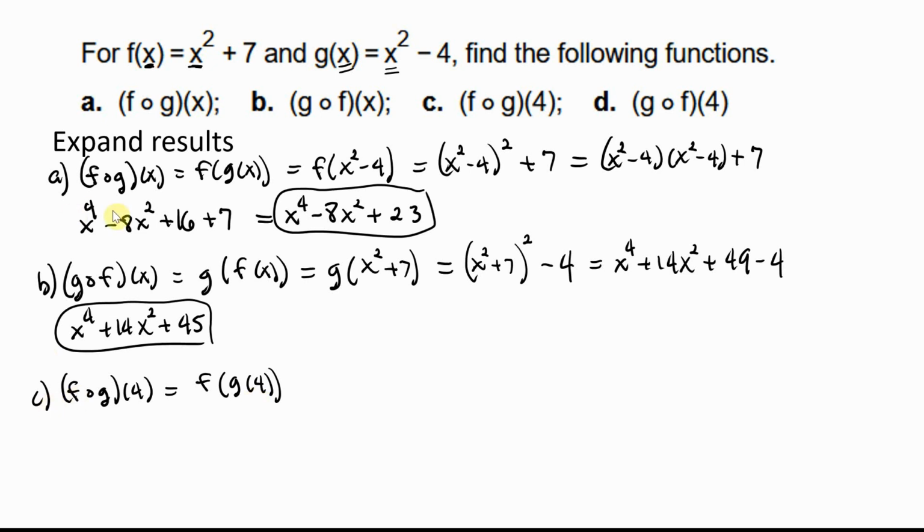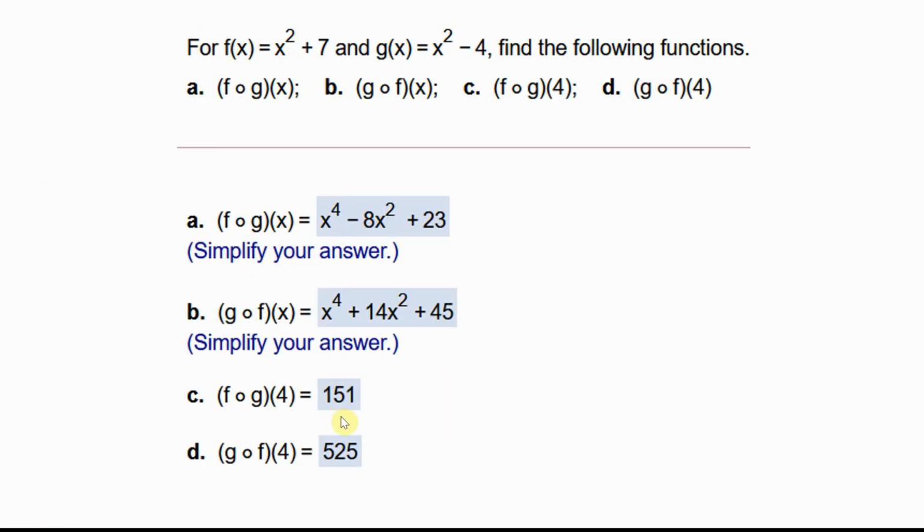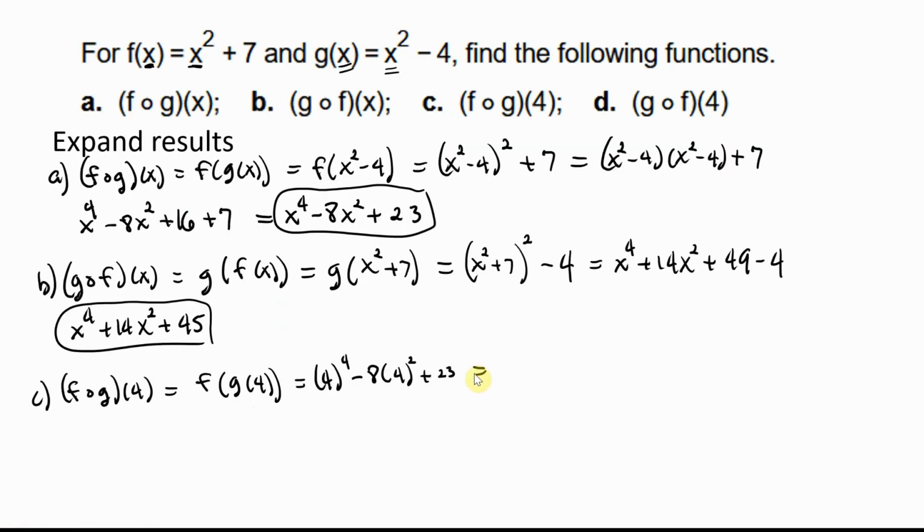Part C goes back to part A. Basically, wherever I see an x, I'm going to put the 4 in and then just do the evaluation. So this is 4 to the 4th minus 8 times 4 squared plus 23. And you simplify that. You get 151 when you plug that in on your calculator.